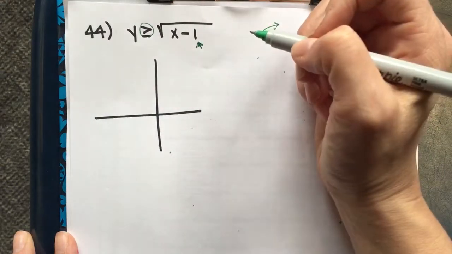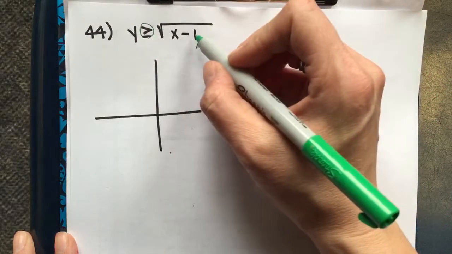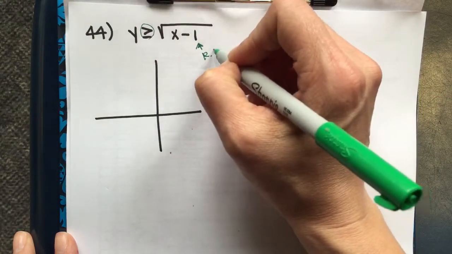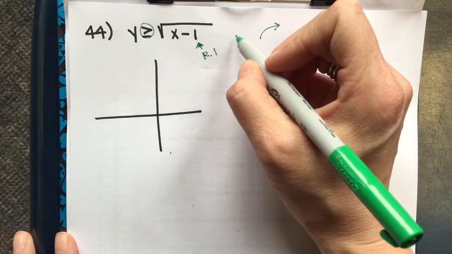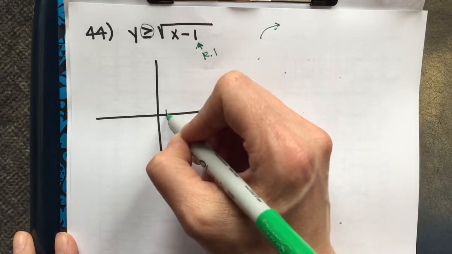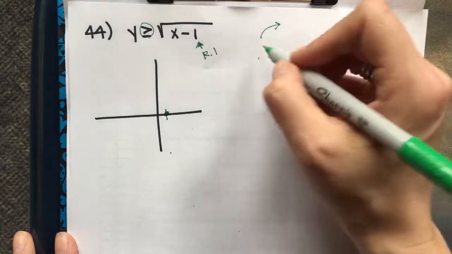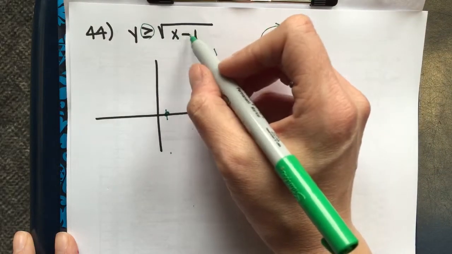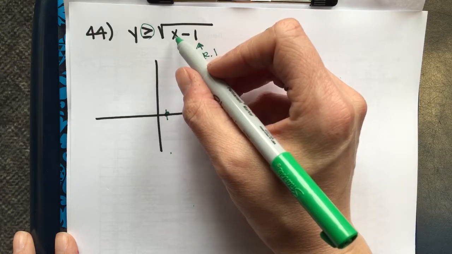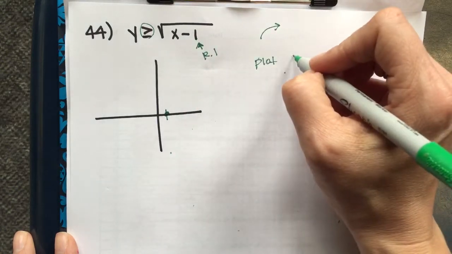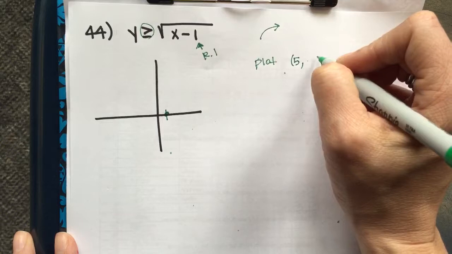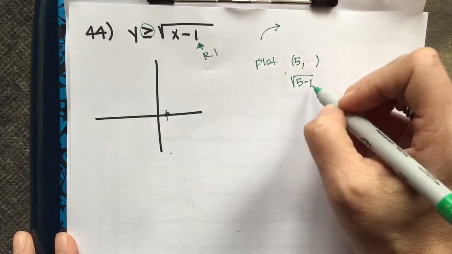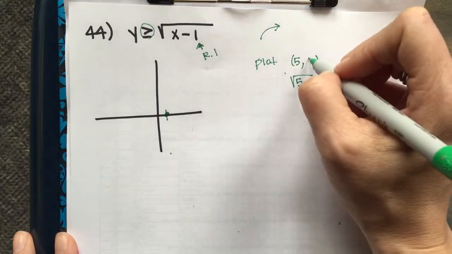So inside moves it to the left or the right. This is -1. Left and right is opposite, so my graph will move right 1 spot. There's not a number at the end, so it does not move up or down. I'm going to plot a point. If I want to take the square root of 4, then 5 minus 1 would give me the 4, so I'm going to put 5 in for x. 5 minus 1 is 4, square root of 4 is 2.